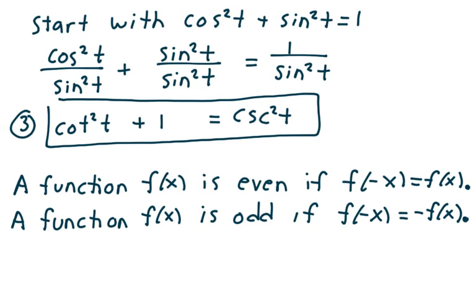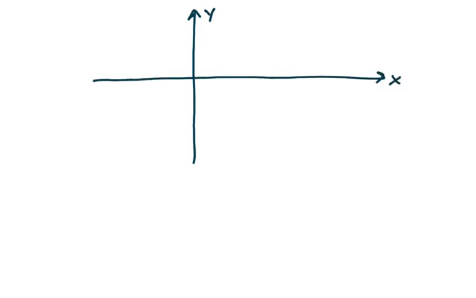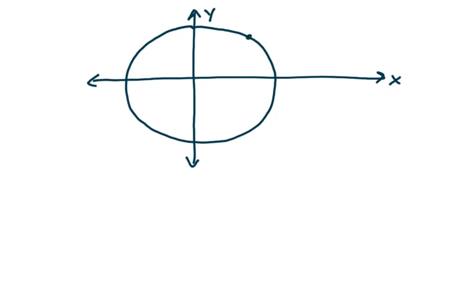Now, how does that relate to sines and cosines? Well, let's take a look. So I'm going to draw a picture. Here's y, here's x, right? And then we have a unit circle. And remember that this is the point xy, which is equal to cosine t, sine t.